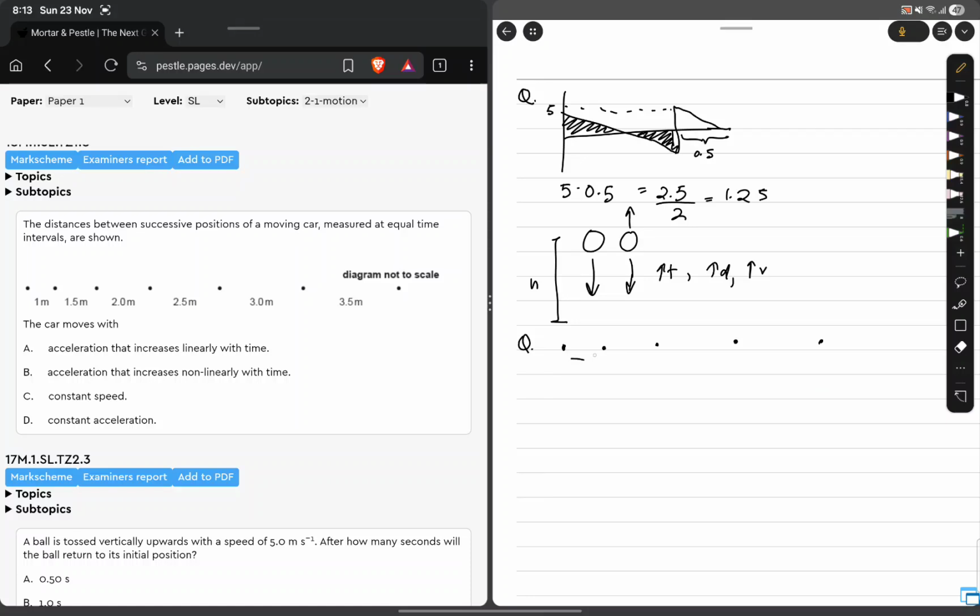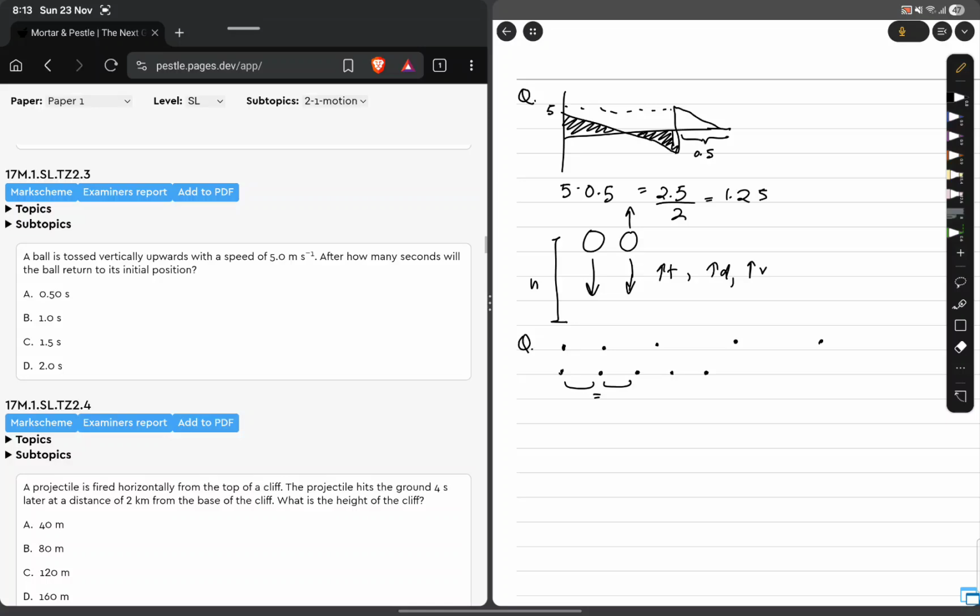As it's increasing at a regularly larger rate, like this is small, and then this is slightly bigger, and then this is slightly bigger, and then this is slightly bigger. That shows a constant acceleration, not an acceleration that's increasing. So it can be A or B, and it can't be constant speed, because if it was constant speed, then it would be the same distance. It would be the same. But that's not true. So that's why it's D.